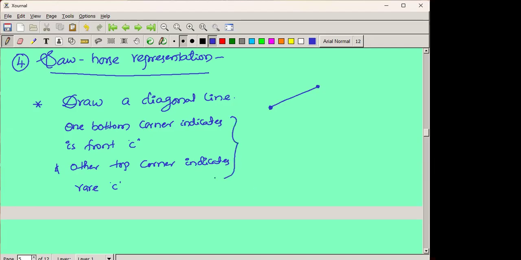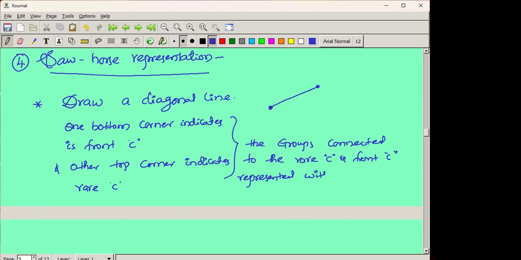For both the atoms, the groups connected to the rear carbon and front carbon are represented with full lines, with an angle of separation of 120 degrees.